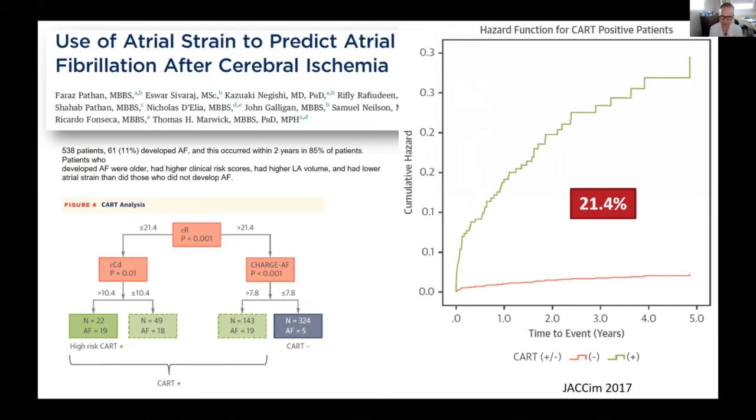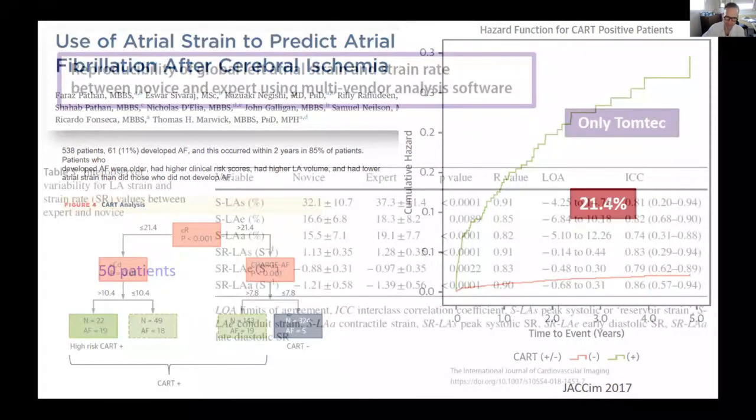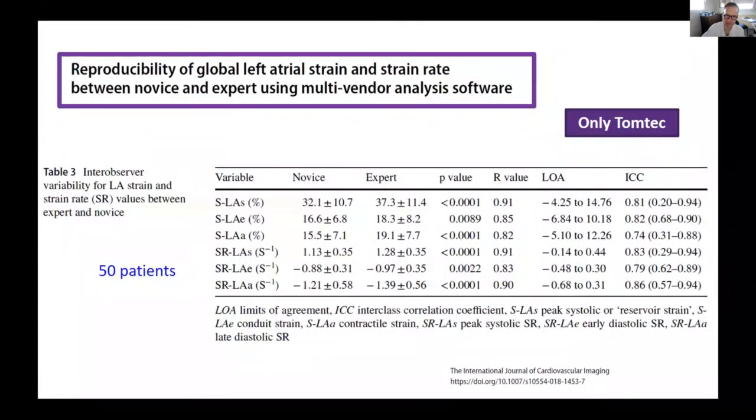And you see that the cutoff value for the LA reservoir function assessed by LA strain is again about 20%. In that case, it's 21.4. But you see that if you have a LA reservoir function that is below 20%, the risk of arrhythmia is quite high, in opposite to patients who have a LA reservoir function about 40%, where the risk of atrial arrhythmia is quite low.